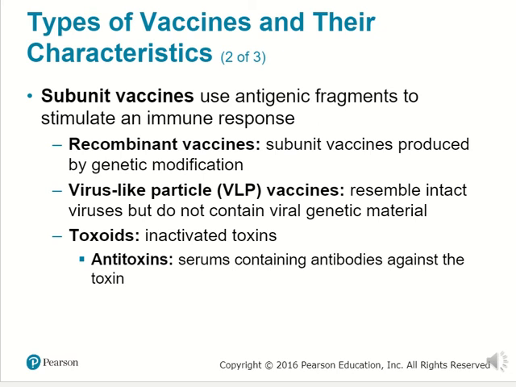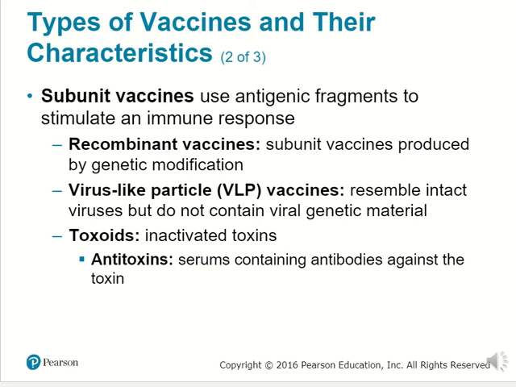Types of vaccines and their characteristics. A subunit vaccine involves antigenic fragments to stimulate an immune response. Types of subunit vaccines include recombinant vaccines, which are subunit vaccines produced by genetic modification.